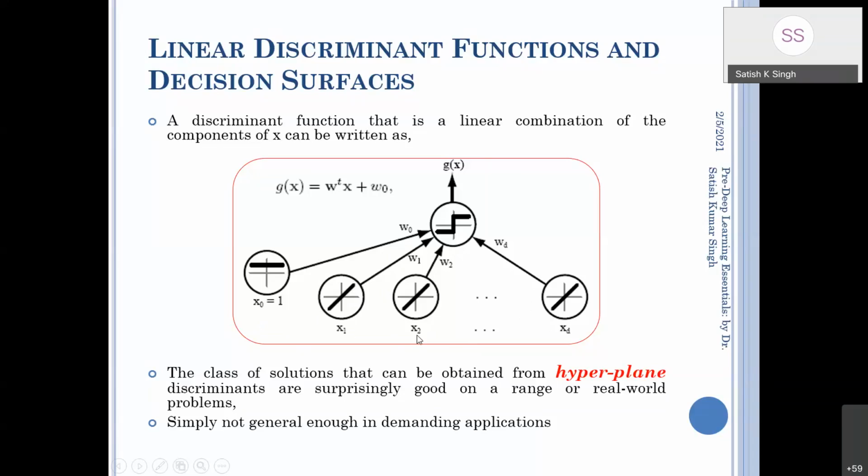Whatever is applied here will pass through this unit, meaning there is no change between the input and output if we consider only this unit. So all those functions are identity functions. Whatever input is applied, the same output will be obtained.